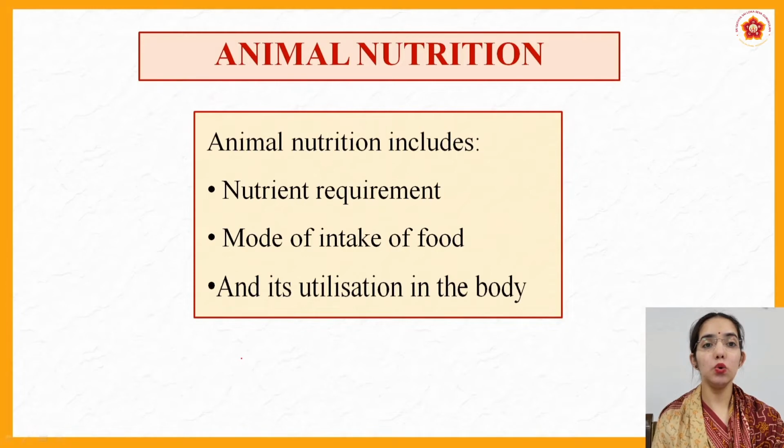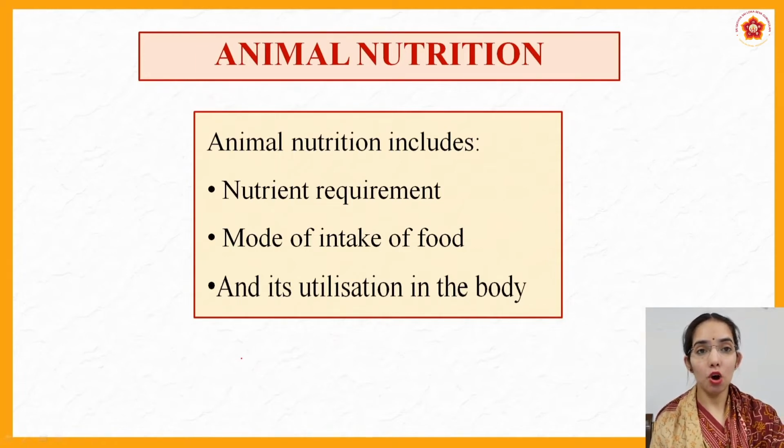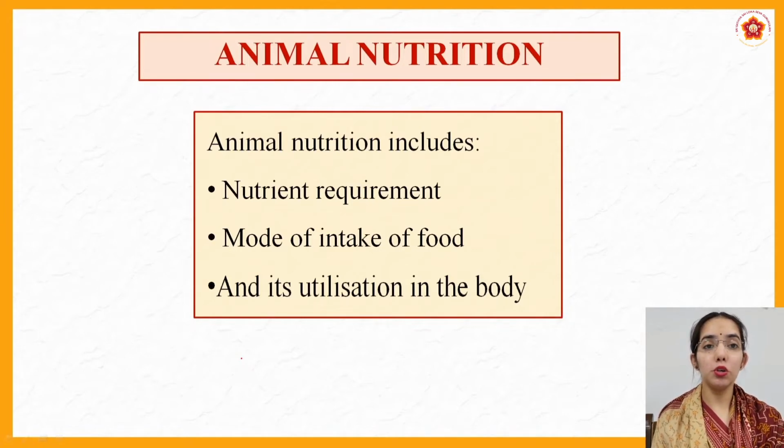Firstly, it's written nutrient requirement. Different organisms have different nutrient requirement. The nutrient requirement of a grasshopper will be different from the nutrient requirement of a cheetah or a tiger. And also the nutrient requirement in different stages of life is different.